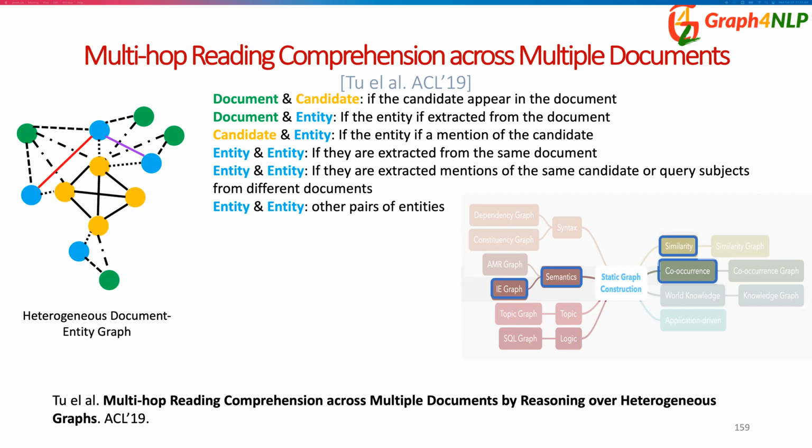Similar to the previous one, we have the relationship between entity and entity, whether they're in the same document or they are the same mentions of each other. Then they also have document and candidate, document and entity, candidate and entity, and so on. So basically, the entire graph is richer than what we have seen before.